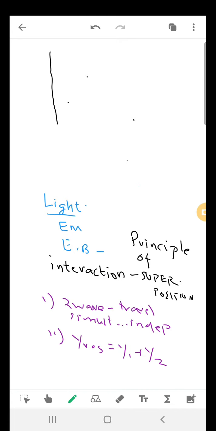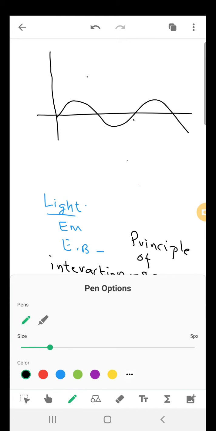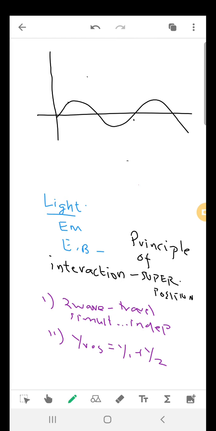Say one wave is traveling like this, and another wave is traveling like this.